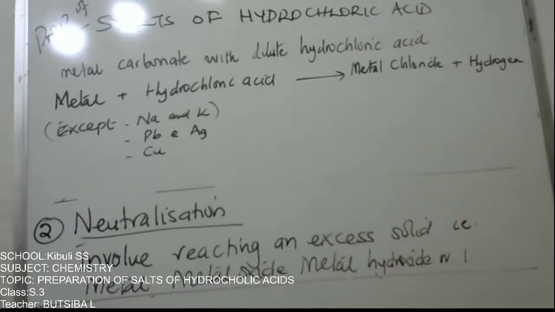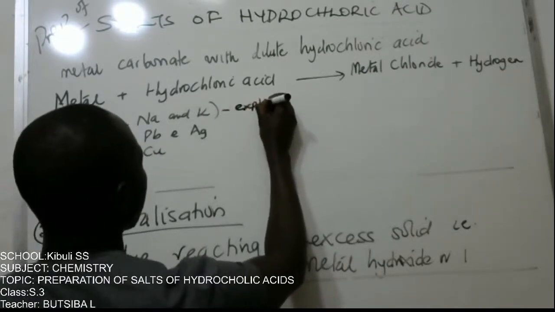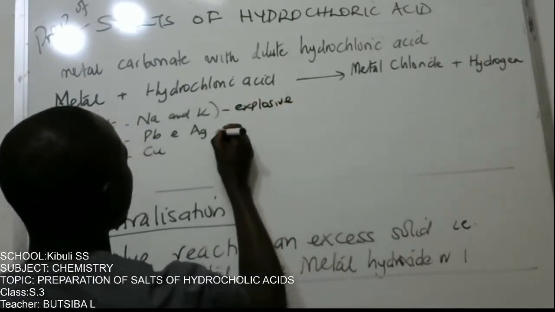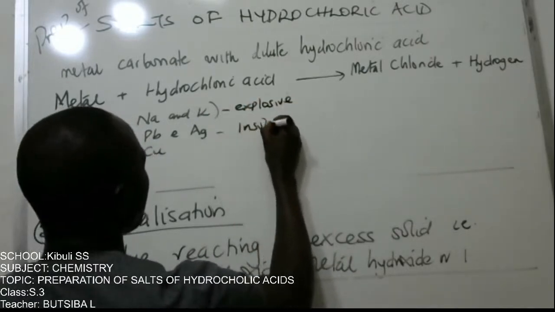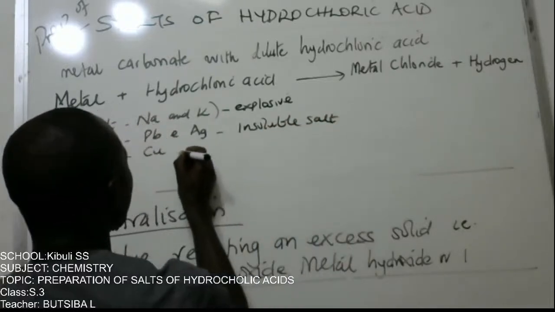What do you think the reason is? Look at the position of copper in the reactivity series. Here we say reaction is explosive. I accept it. Here we say the reaction is going to give insoluble salt. I accept. What about here?